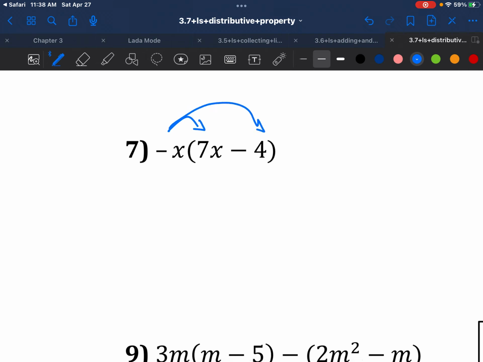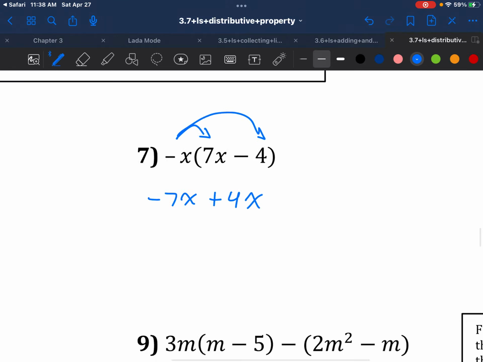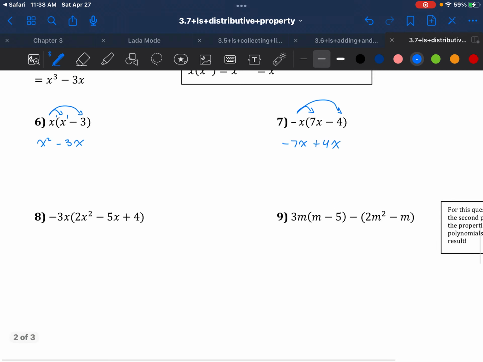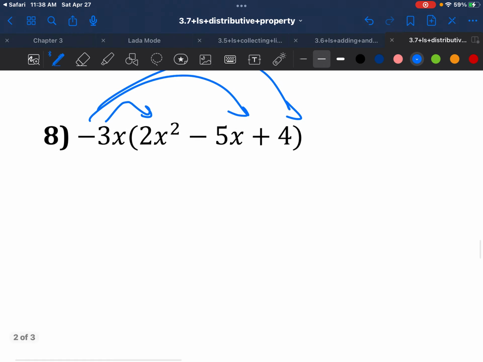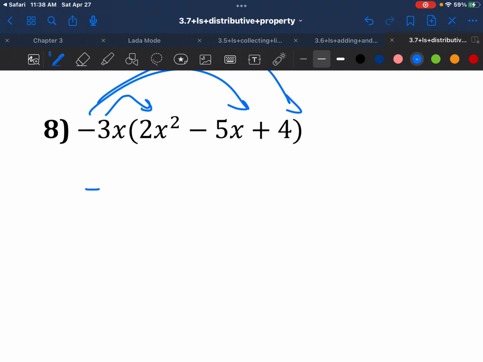Multiply these. So negative 7x, and then plus 4x. Then negative 3 times 2 is going to be negative 6. Then this is a 1, so x cubed, negative 3x. Then that's going to be plus 15x squared, and then minus 12x.